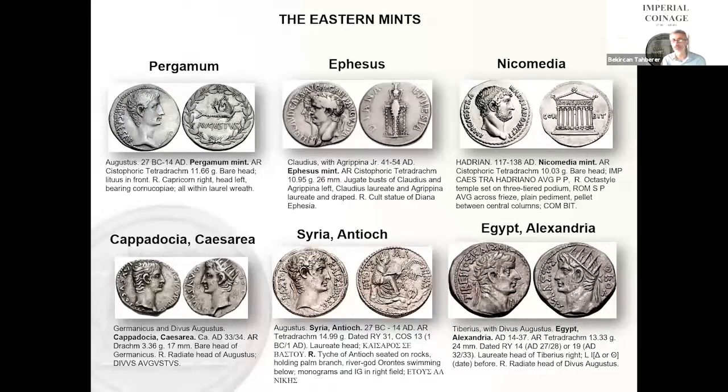And Egypt continued to mint coins in a different denominational system, even though they are sometimes called tetradrachms.